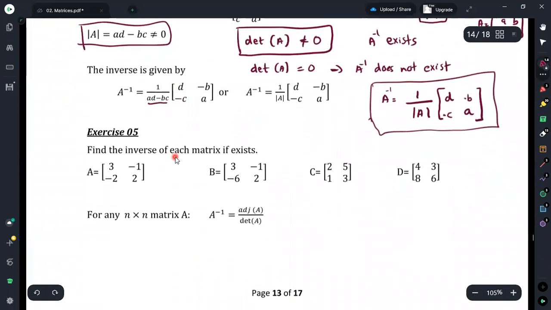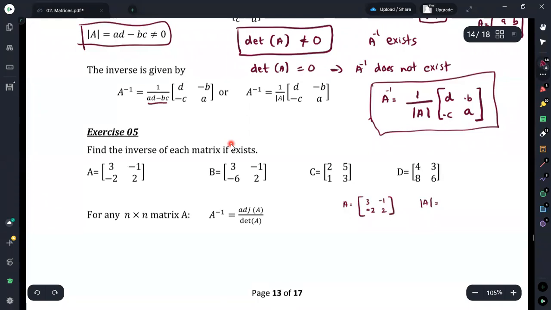An exercise is given here, but I will discuss it as some examples of obtaining the inverse of 2 by 2 matrices. If I take the first matrix, it is A, given as 3, minus 1, minus 2, and 2. First we need to check the determinant.